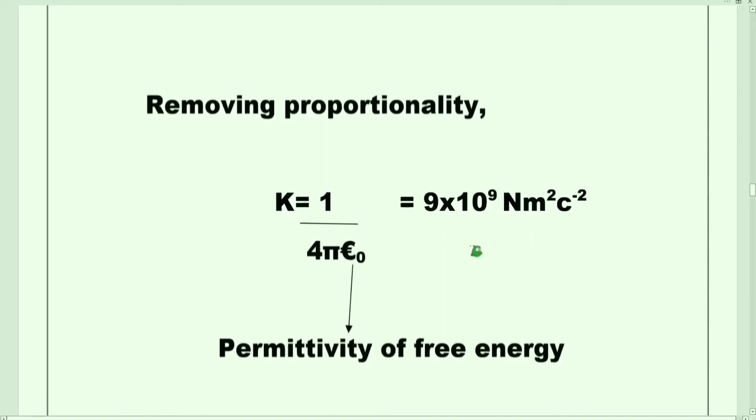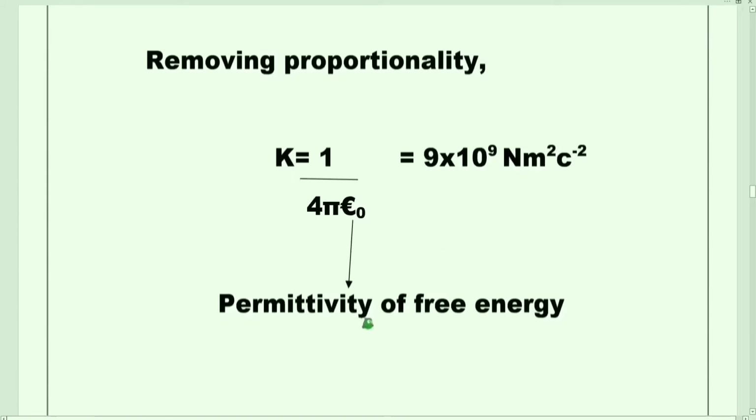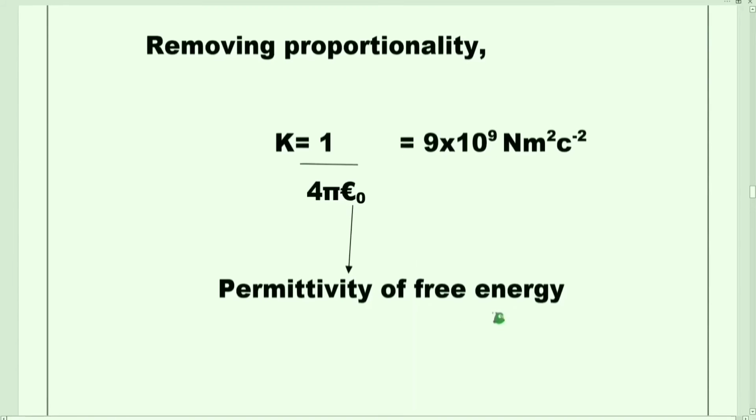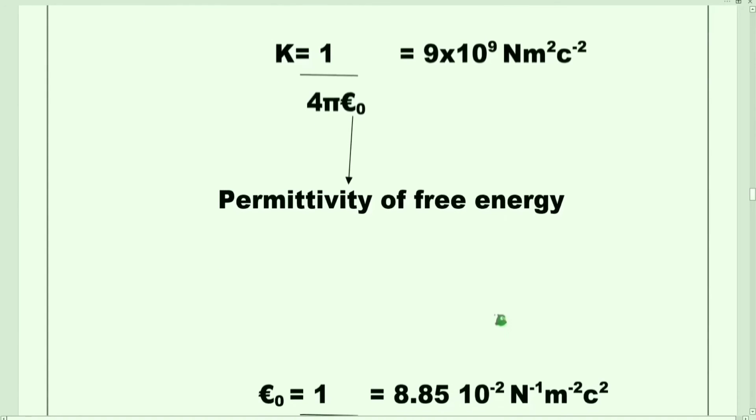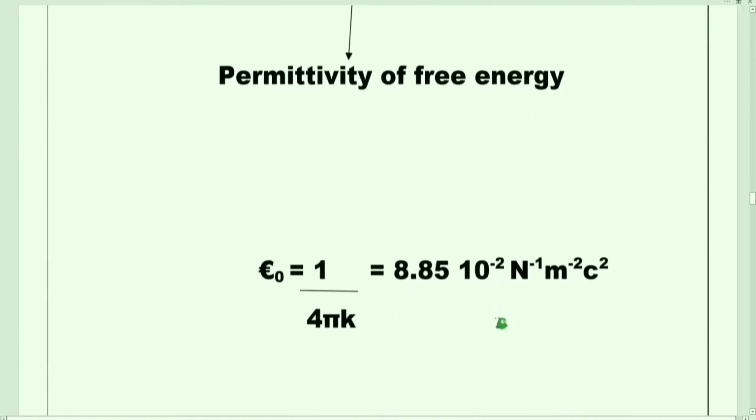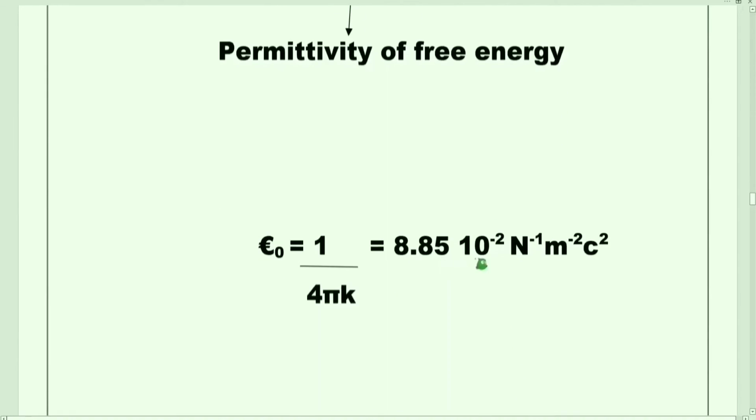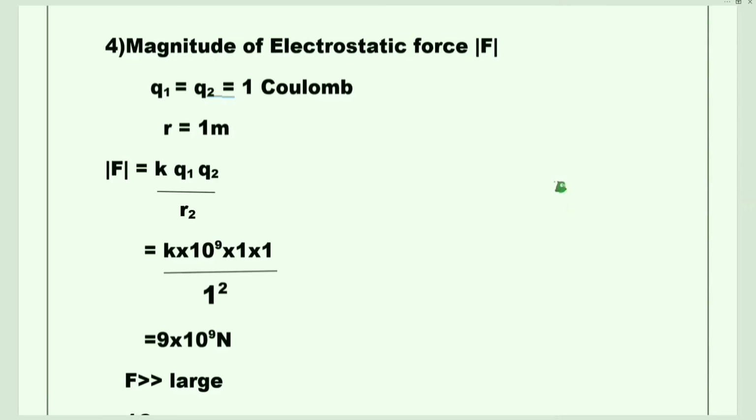Here epsilon naught is the permittivity of free space or vacuum and epsilon naught is equal to 1 by 4 pi k, that is equal to 8.85 into 10 power minus 12 N power minus 1 m power minus 2 and C square.